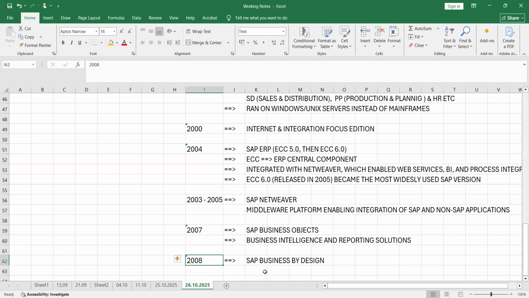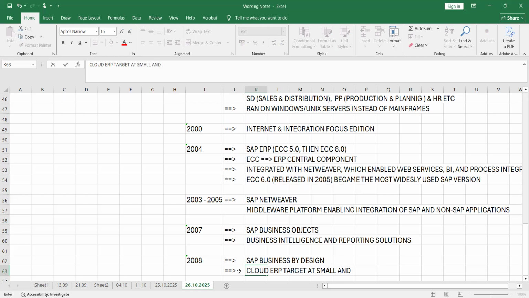So what is the advantage here? Cloud ERP targeted at small and mid-sized companies.